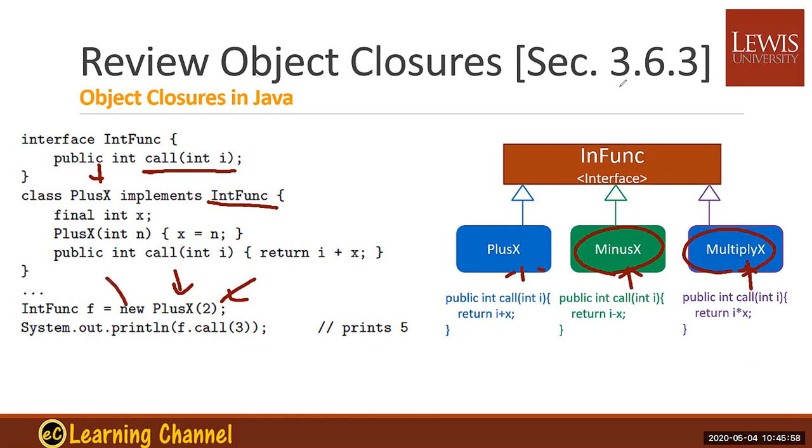For example, here we create a new plusX object and assign it to the function interface, with 2 being passed there, so X is set as 2. Whenever you call the function, the data 3 will be provided here, and 3 plus 2, you will get 5. Is that okay?